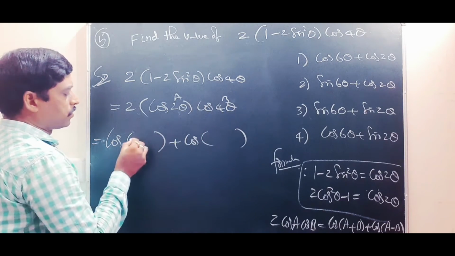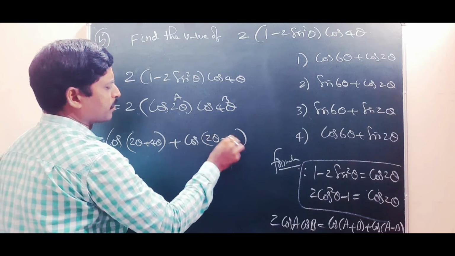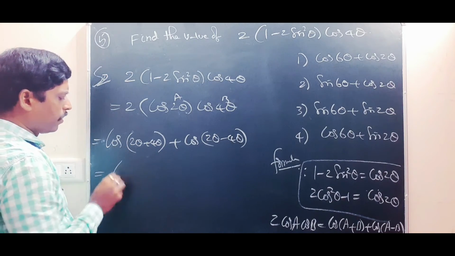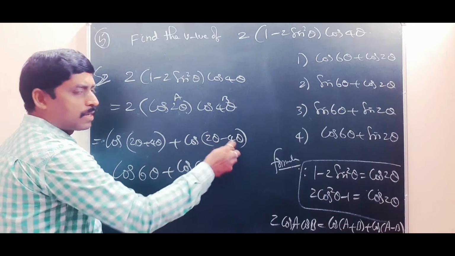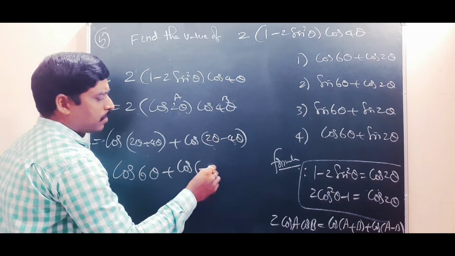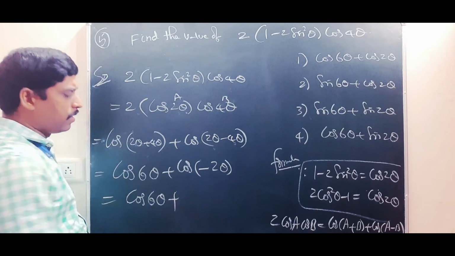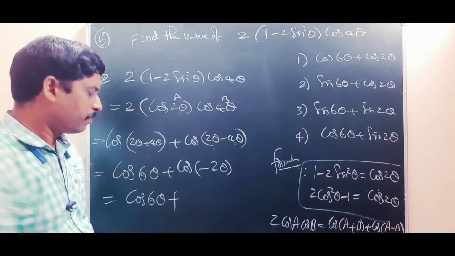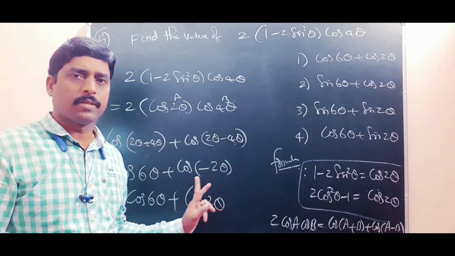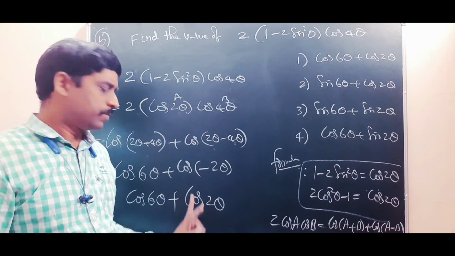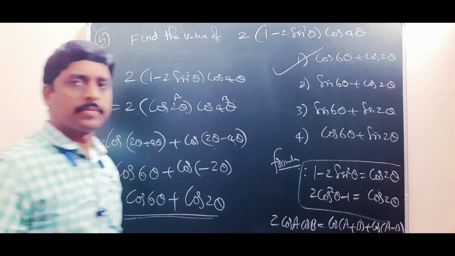The sum of angles is 2 theta plus 4 theta, and the difference is 2 theta minus 4 theta. It is going to be cos 6 theta plus cos of (2 theta minus 4 theta), that is cos of minus 2 theta. Because minus 2 theta lies in the 4th quadrant, cos is positive. So cos 6 theta plus cos 2 theta is the correct answer. Option 1 is correct.